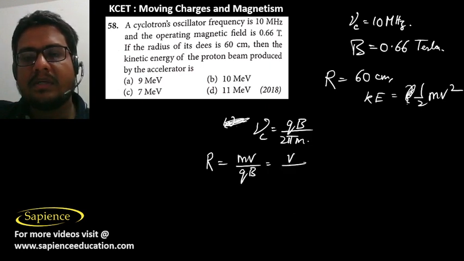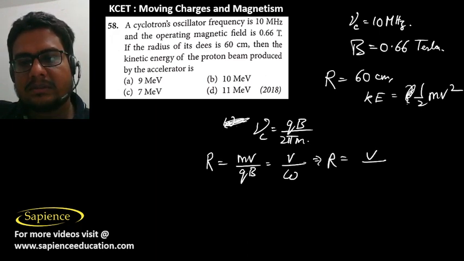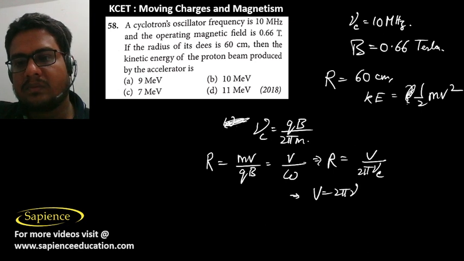So that is v by omega. So r is equal to v by 2 pi into nu c. So v is equal to 2 pi into the cyclotron frequency nu c into r.